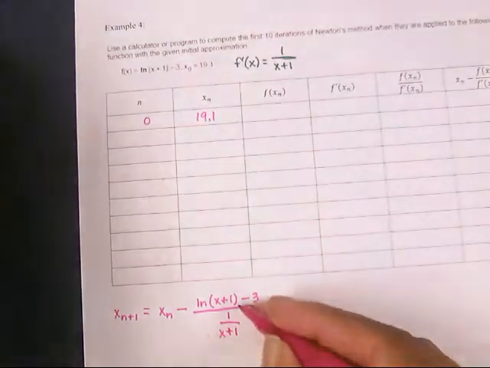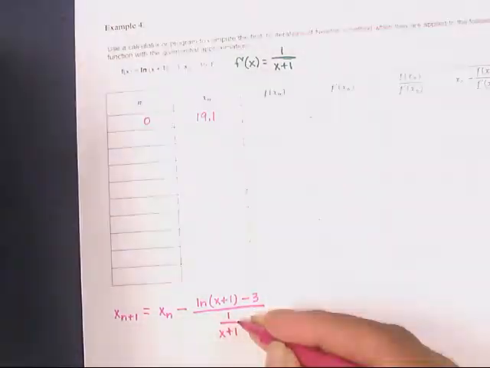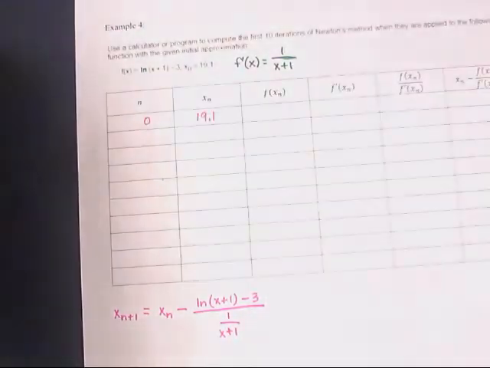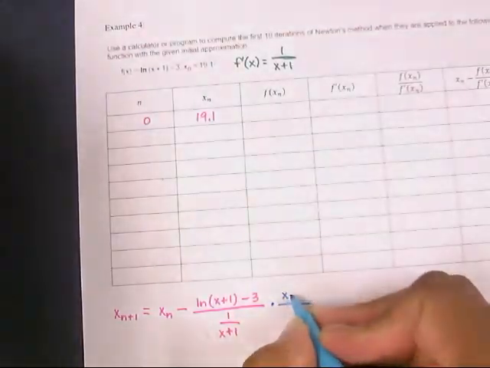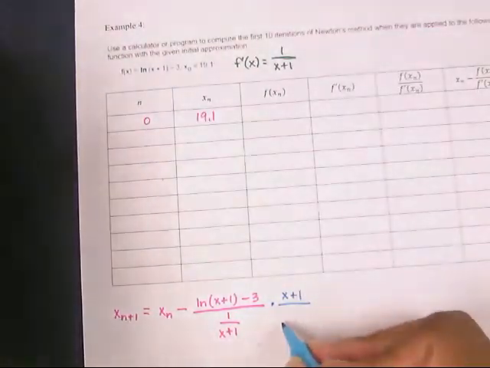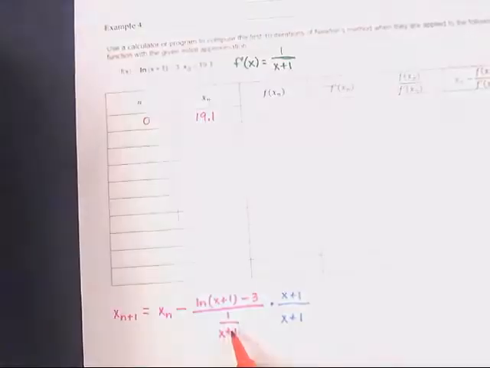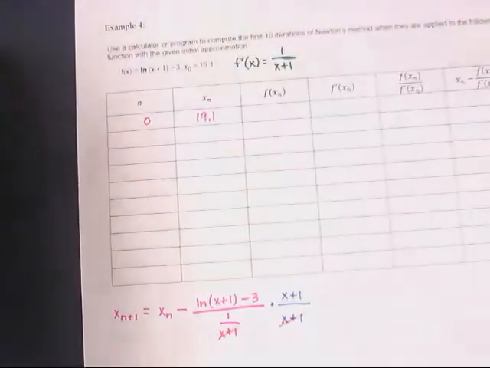But I don't want to leave this fraction like that. So what I'm going to do here is multiply the numerator and the denominator by x plus 1. So this numerator will be multiplied by x plus 1. This denominator will be multiplied by x plus 1. Now, what's going to happen here is this. If I do the denominator times the denominator, these x plus 1s are going to be gone.